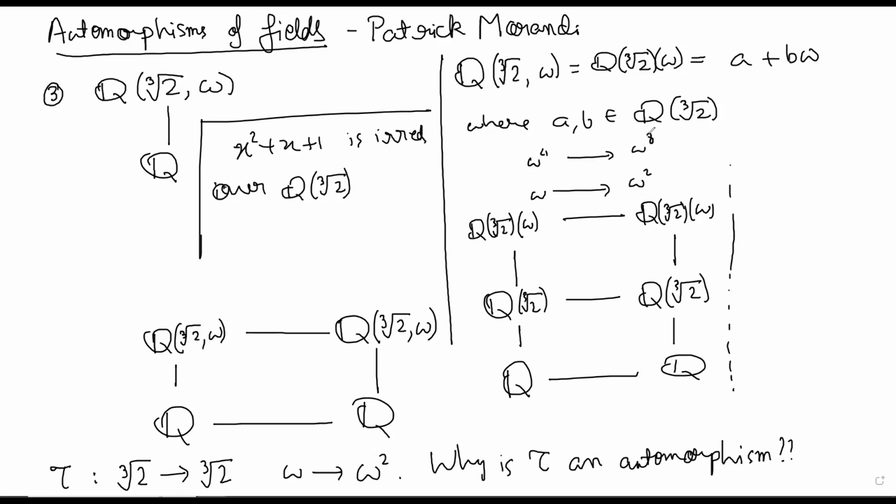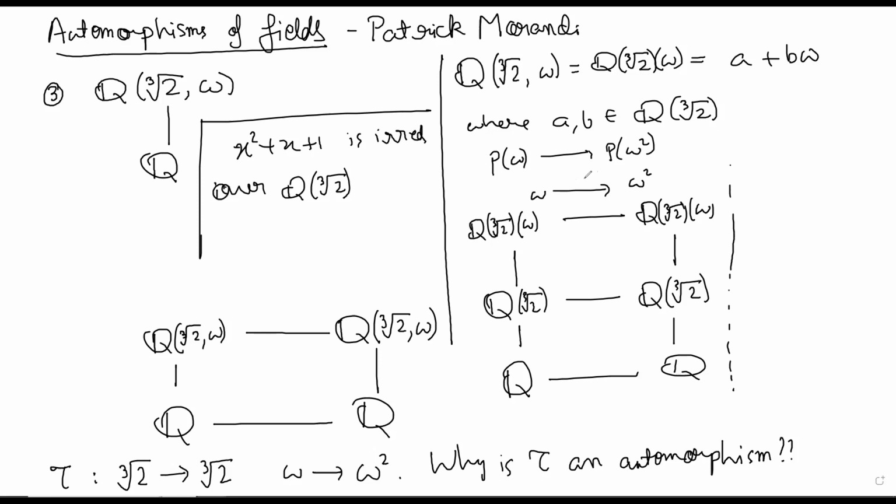Omega to the power 8, right? By the rule, since this is a generator, we are sending the generator omega to omega square. So everything will get sent accordingly. Just to give you an example, P of omega will go to P of omega square, correct?